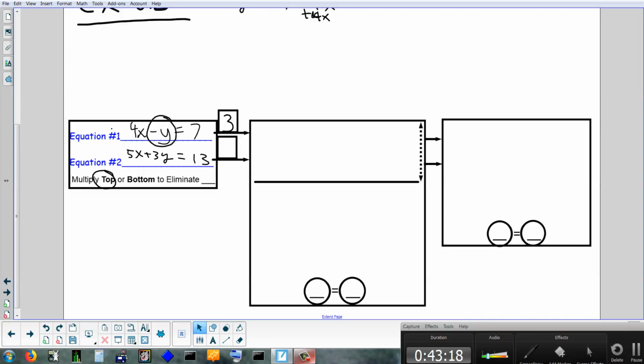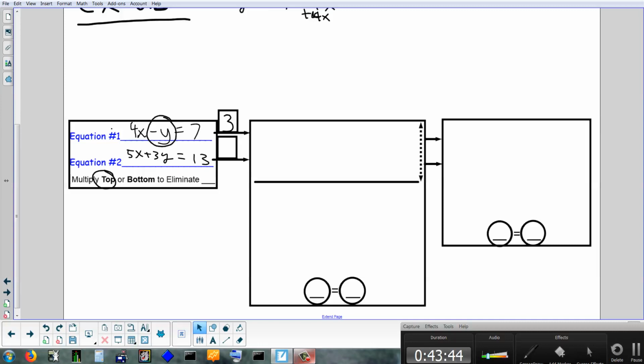Now be careful. This is where it gets a little bit tricky, because it says multiply by what? By the opposite. If I multiplied this by negative 3, I know the opposite of 3 is negative 3, but then it would be negative 3 times a positive y. What would I get? A negative? No, negative times a negative is a positive.